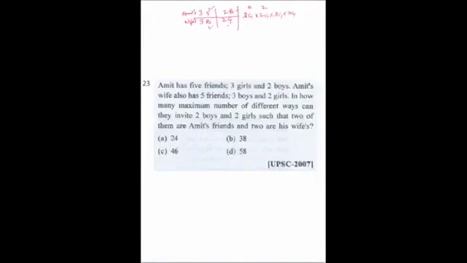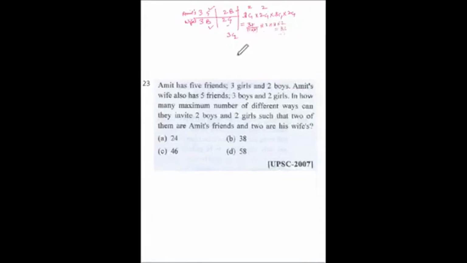This is the case, one boy and one girl from each. 3C1 is factorial 3 upon 1 into factorial 2, so this is 3, and 3 into 2 into 3 into 2, it comes to 36.